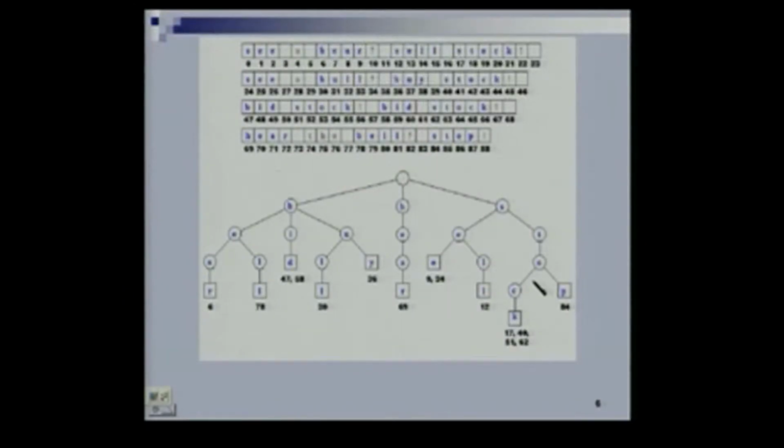But in all these cases, we are making a trie of the words, not of each and every pattern which exists. So this doesn't really solve the problem that we were talking of in the last class, which was that I give you a piece of text and a pattern and you find where that pattern appears in the text.